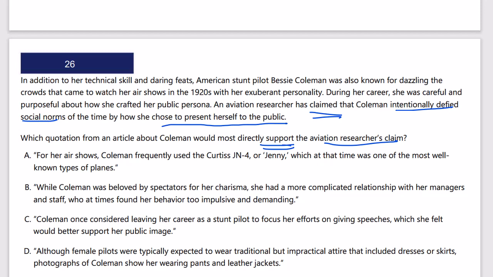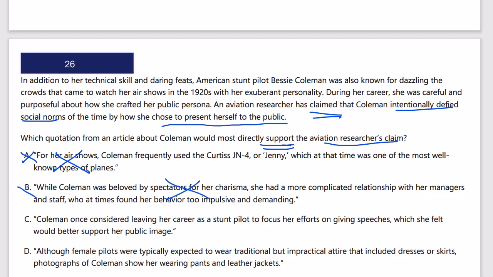For her air shows, Coleman frequently used the JN4 Jenny, which at the time was one of the most well-known types of planes. We don't care what type of plane. That is irrelevant to the question itself. We want to know if she was defying social norms when she presented herself to the public. While Coleman was beloved by spectators for her charisma, she had a more complicated relationship with her managers and staff who at times found her behavior too impulsive and demanding.